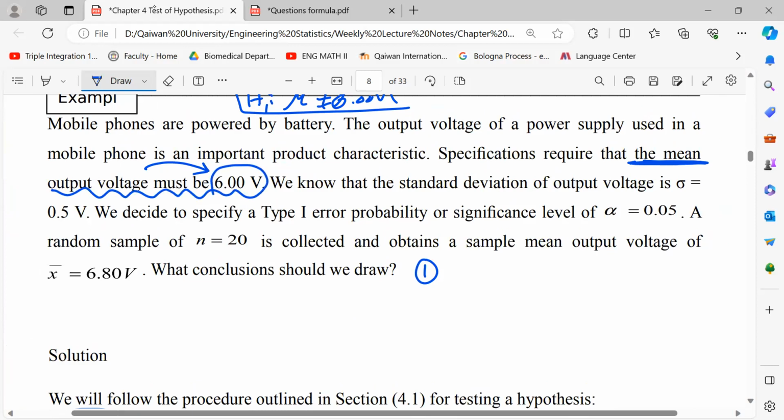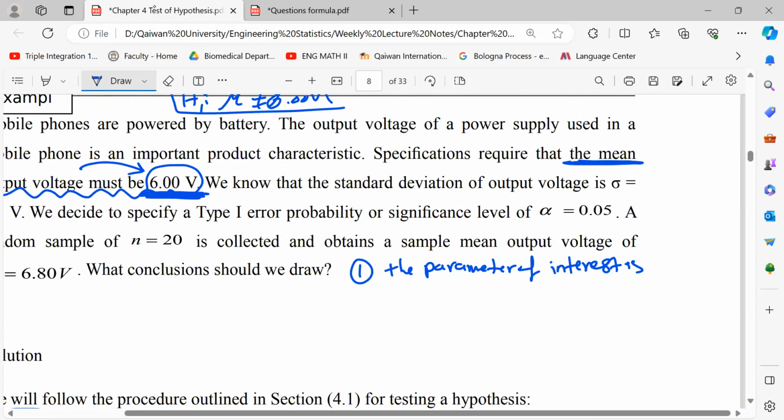So we define the null hypothesis by mu to be this one. It's mean. That means the parameter of interest is population mean. You just write down this.